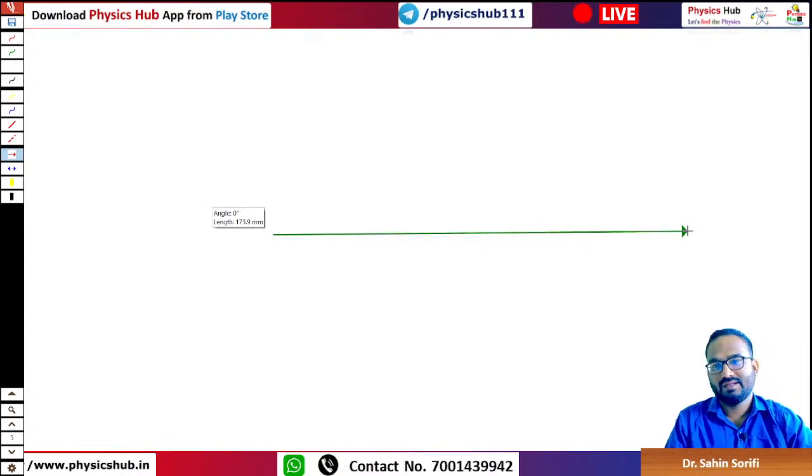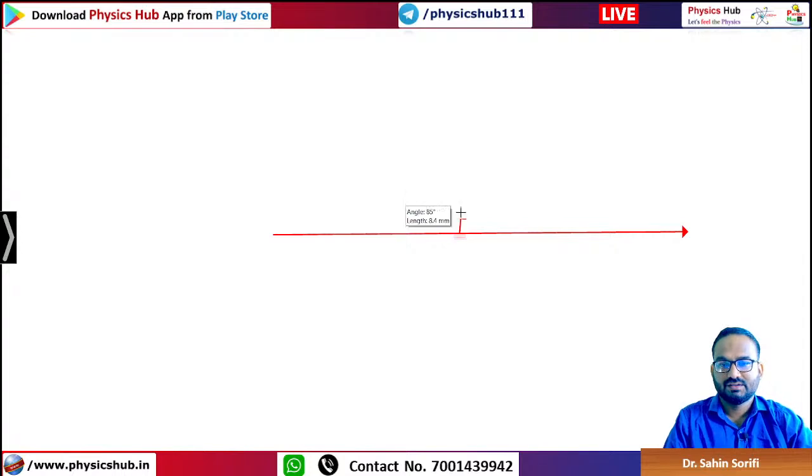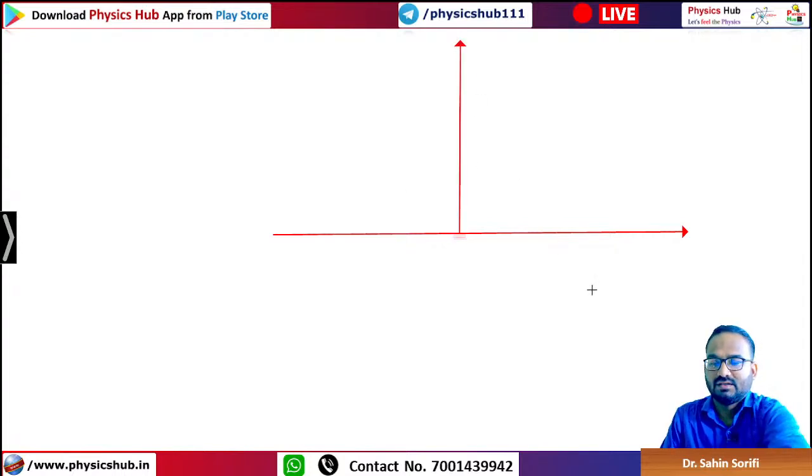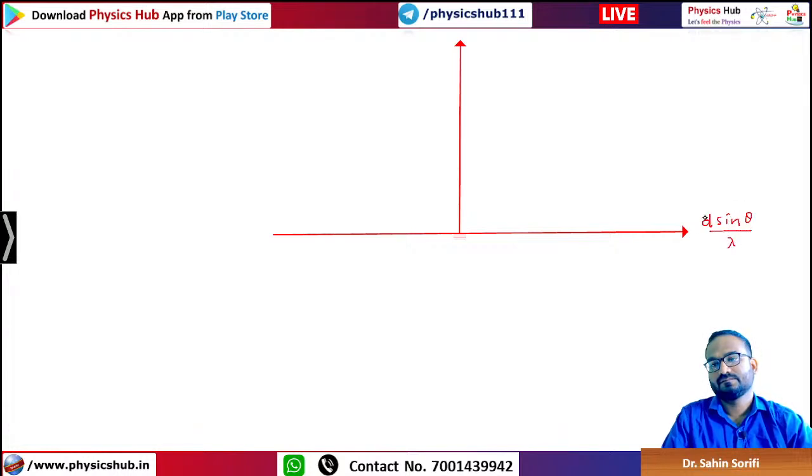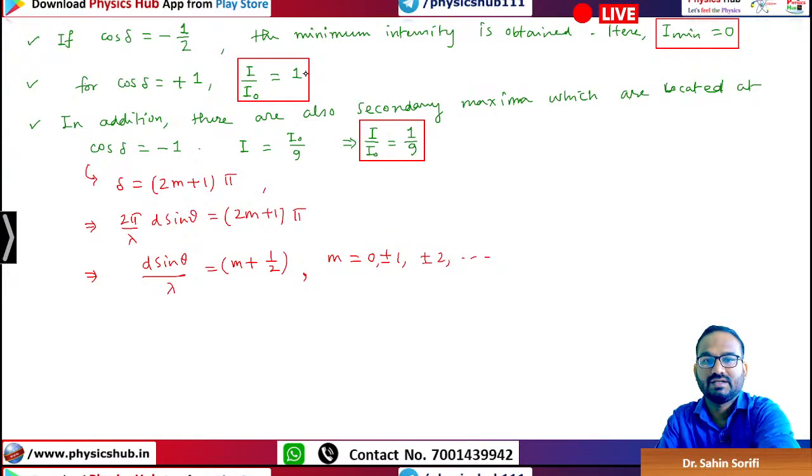Along the x-axis we will be plotting d sin theta by lambda, along the y-axis we will be plotting I by I naught. So at this 0 value, we have I by I naught equal to how much? 1. We have obtained I by I naught for cos delta equal to 1.